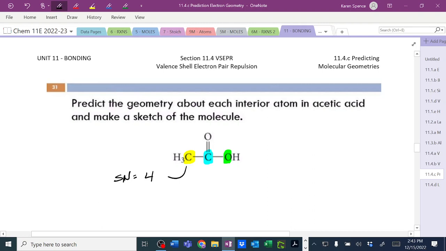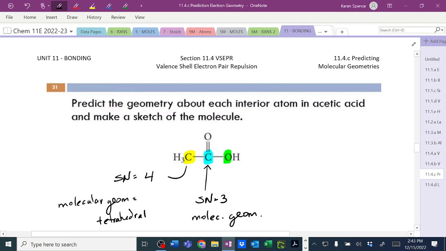Because we have 1 where we can see the bond, and then we got 3 other hydrogens. What's the molecular shape? Molecular geometry is tetrahedral. Steric number 3. Molecular geometry. Trigonal planar.